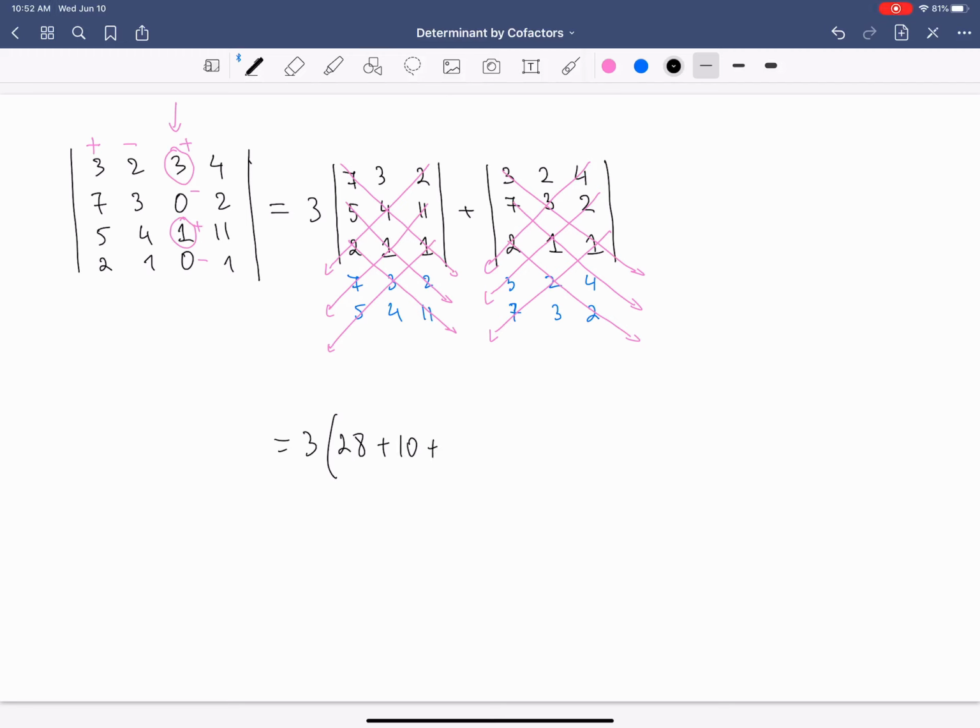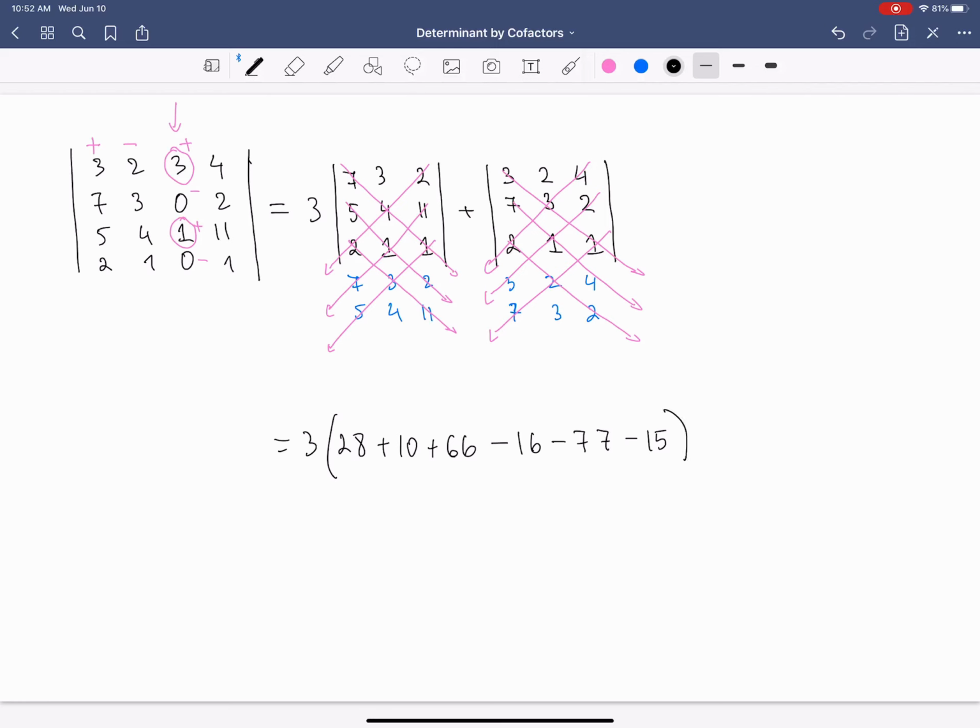Plus, I have 2 times 3 times 11, that is 66. And then I have 3 that come with minus. So minus 2 times 4 times 2, that is 16. Minus 7 times 1 times 11, that's a 77. Minus 5 times 3 times 1, which is 15.